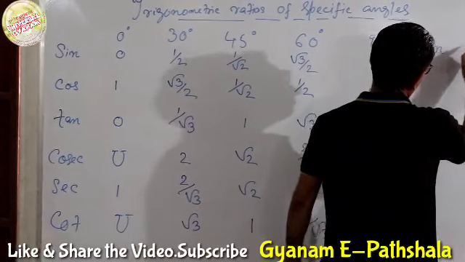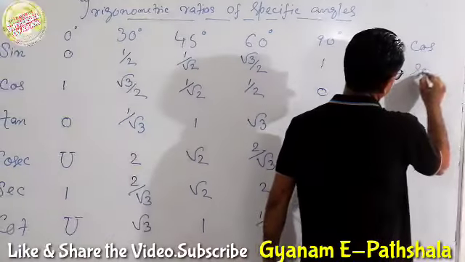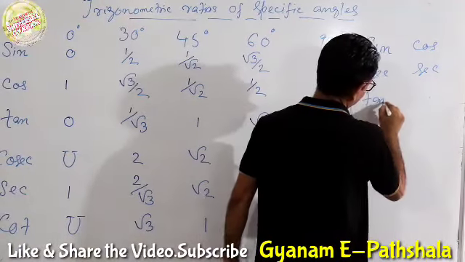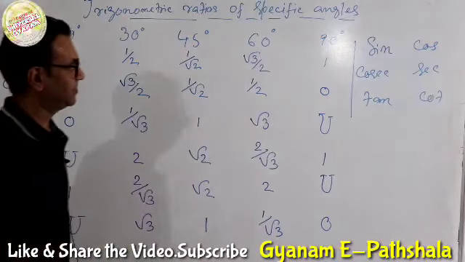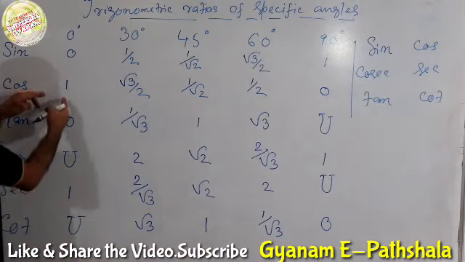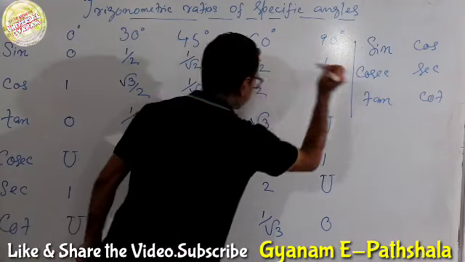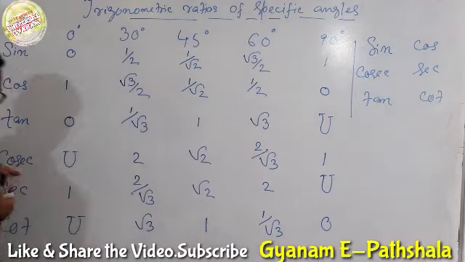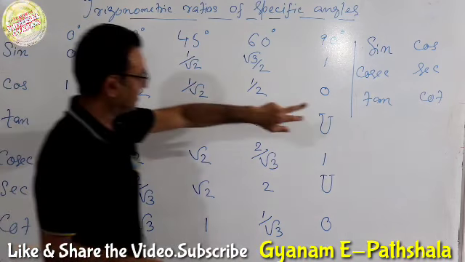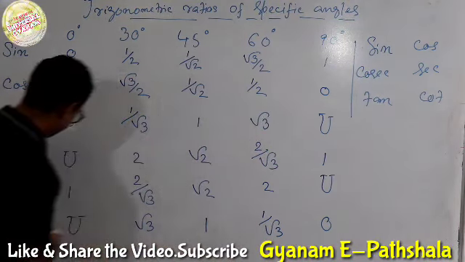Sine, cos, cosec, sec, tan, cot are interrelated pairs. If you remember sine, you can remember cos by reversing the sequence. If you remember cosec, you can remember sec by reversing the sequence. And if you remember tan, you reverse the sequence and you get cot.